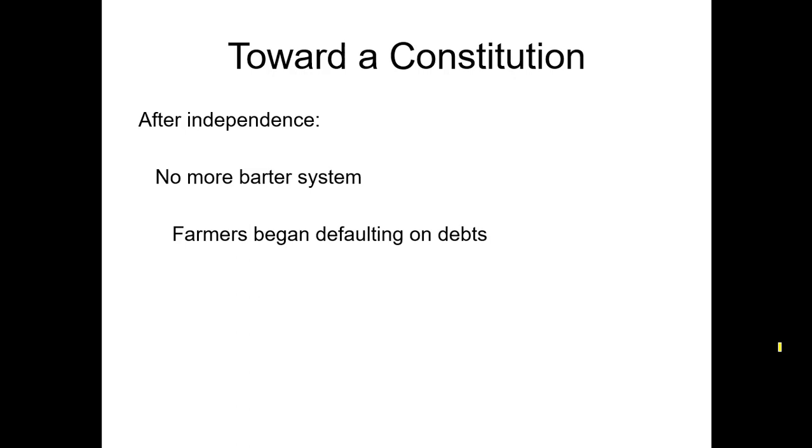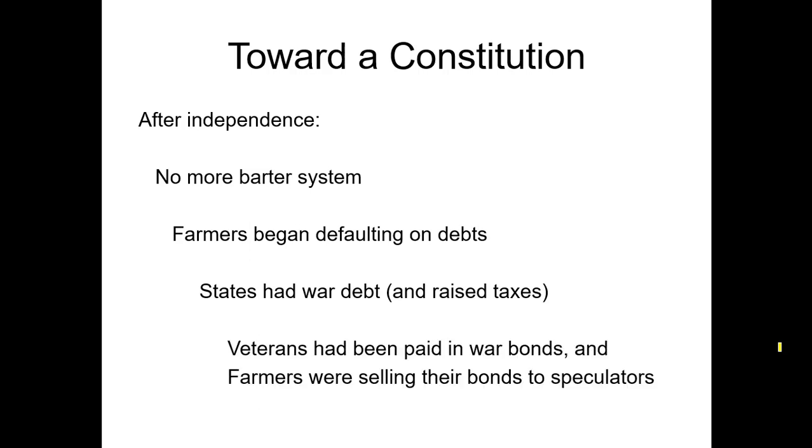The farmers began defaulting on their debts. Taxes were being raised because the states had to pay for that war. So raising taxes was also putting another burden on the farmers. The veterans of the Revolutionary War had been paid in war bonds to be redeemed later, and a very weak federal government was having problems doing that.